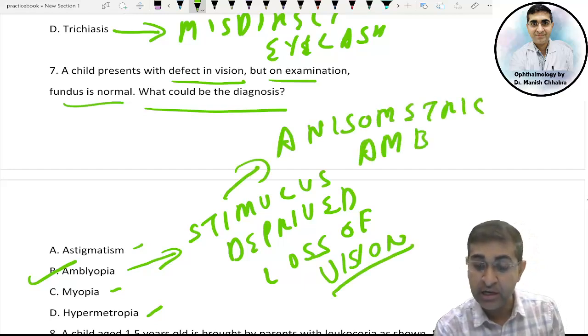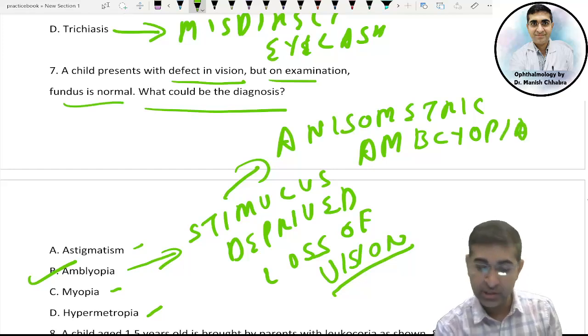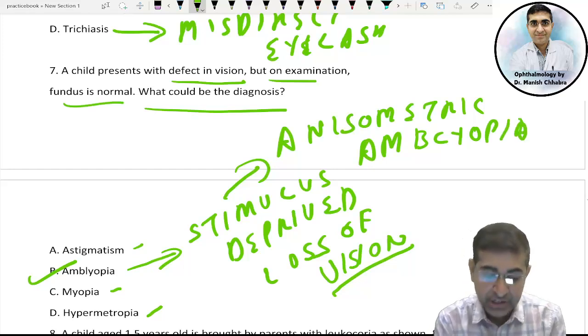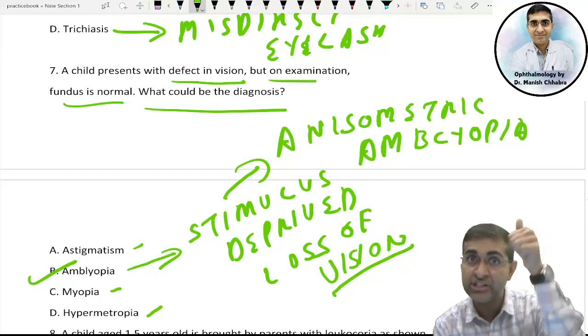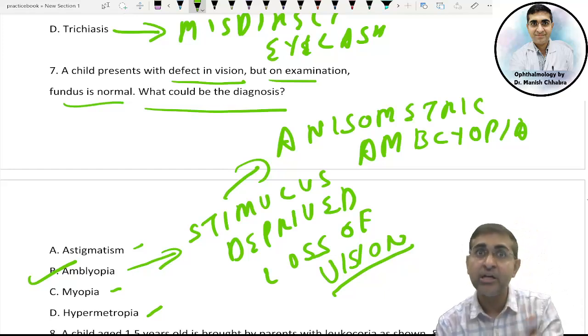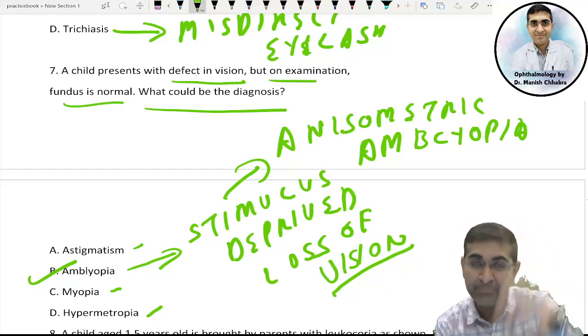Now you can say, sir, cannot it be astigmatism, myopia, hypermetropia? All these three are refractive errors. If you think there can be myopia, there is equal chance of hypermetropia and astigmatism based on the scenario.